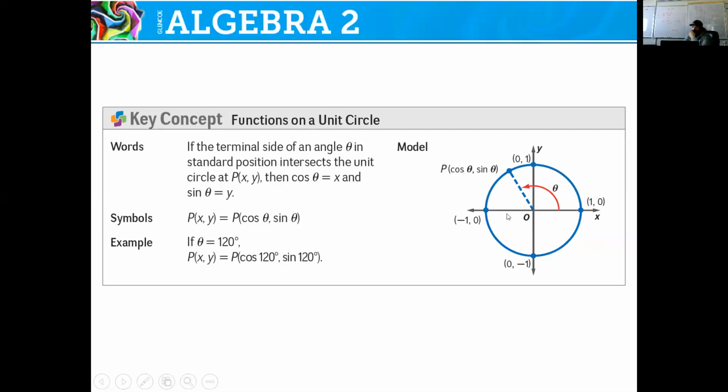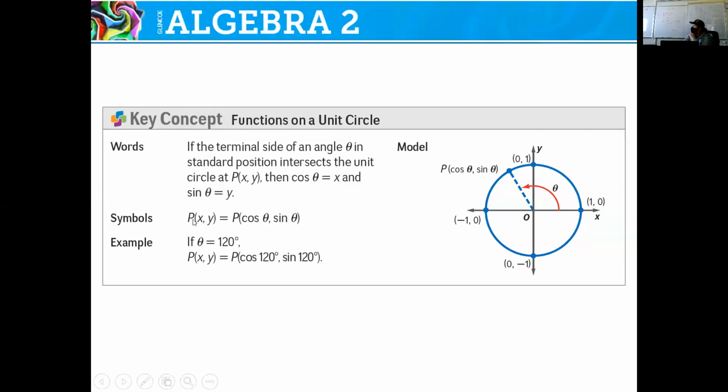Since we know that cosine is x over r, if the value of r is 1, then our value for x is equal to the cosine of theta. Same thing with y: since sine of theta is y over r, with r being 1, the value of y is equal to sine of theta.